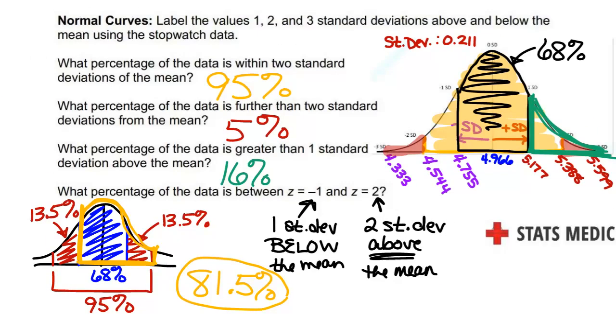When we're looking at stuff that is approximately normal, we have a rule called the empirical rule. That's what we've been applying right here, is the empirical rule. Sometimes the empirical rule also gets called the 68, 95, 99.7 rule.